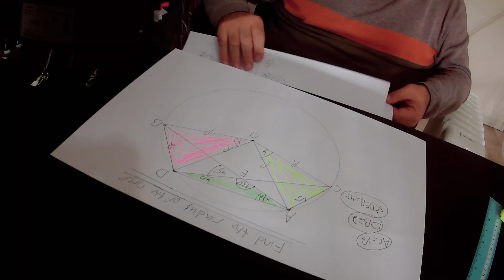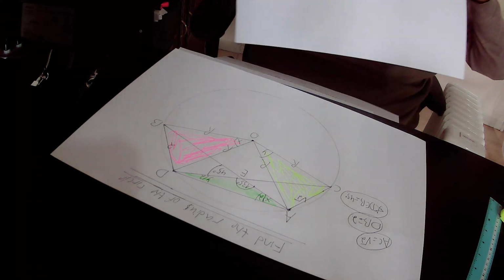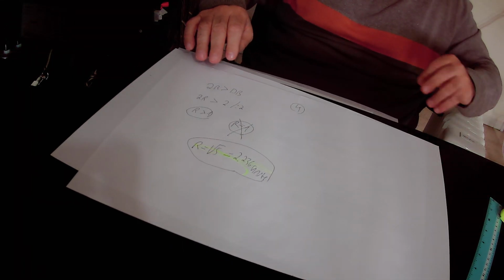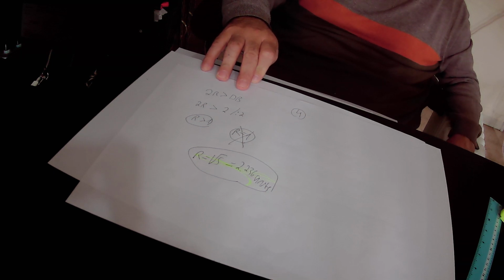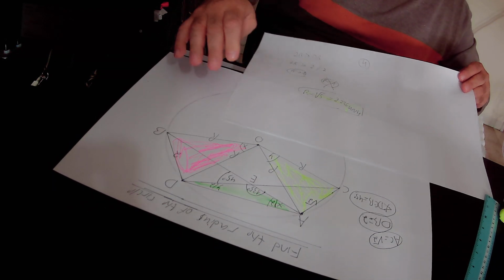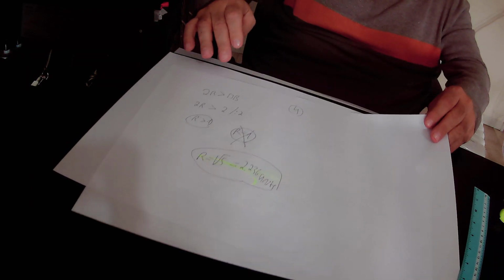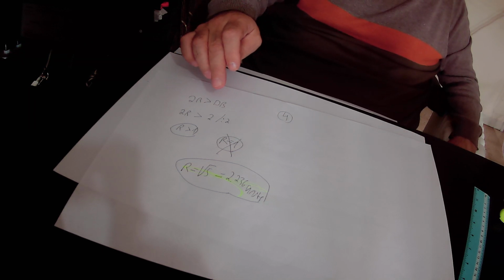I repeat again here: the diameter 2r must be greater than DB. It is given in the question that DB equals 2, so we substitute DB by 2 in this inequality and we get that 2r is greater than 2.